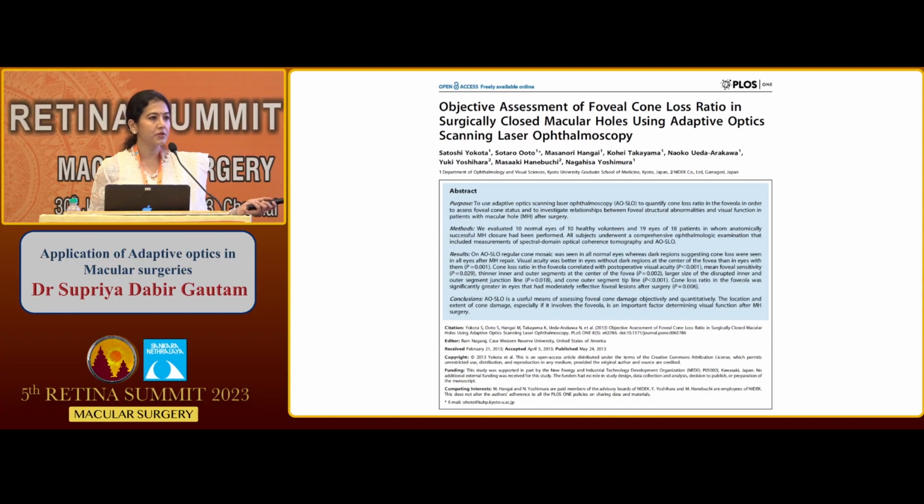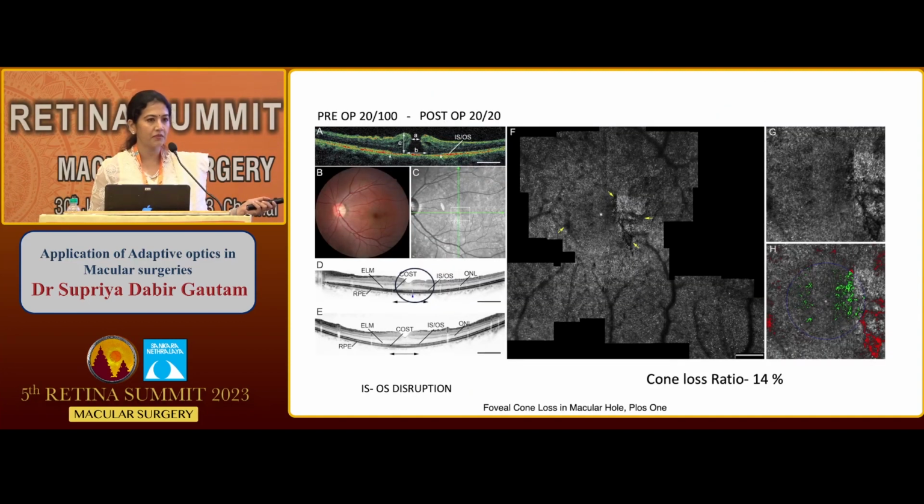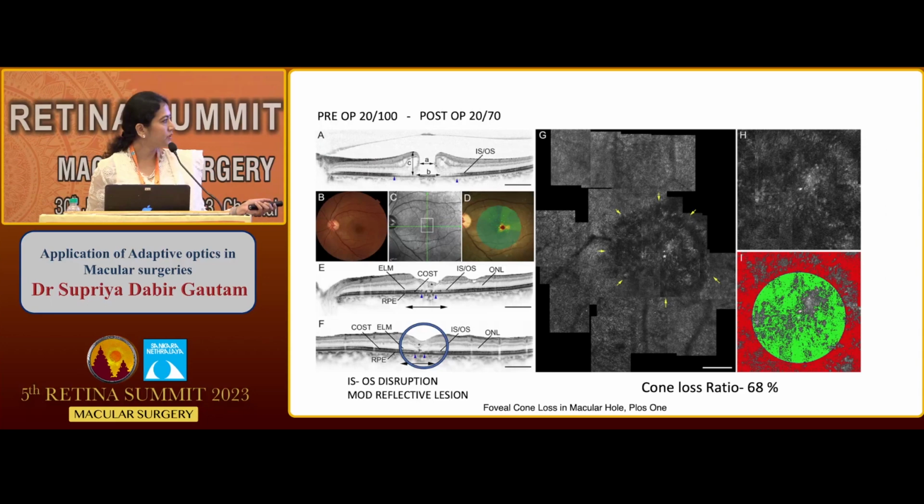The same group went on to look at the cone reflectivity ratio. Those who had more than 2 standard deviations less reflectivity within the foveal zone of about 350 microns are the green ones, and the red ones are outside this. So they actually quantified the reflectance of these cones, and they found that those who had ISOS disruption or these moderately reflective zones had increased hyporeflective zones.